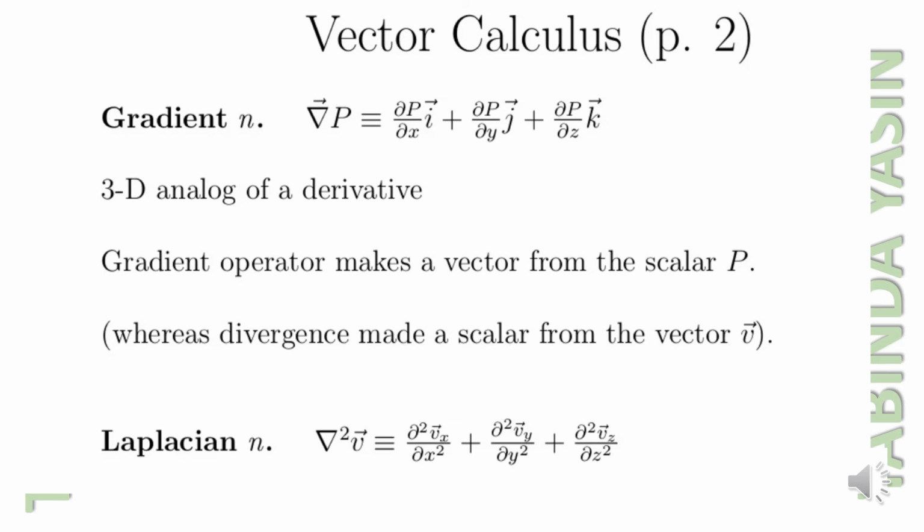as the two vectors are taken in a dot product, so that we get the divergence. And the Laplacian is del square v, equivalent to partial square vx over partial x square plus partial square vy over partial y square plus partial square vz over partial z square.